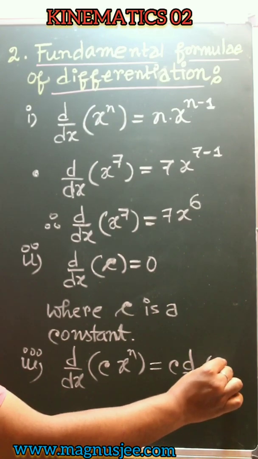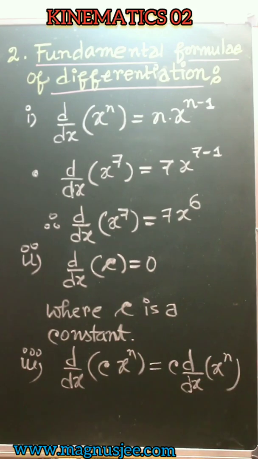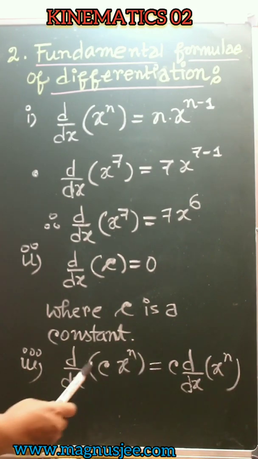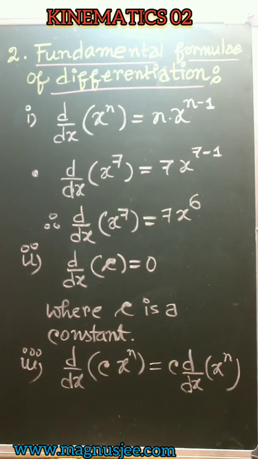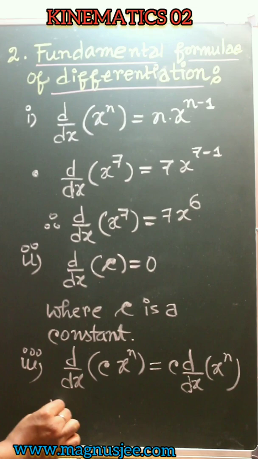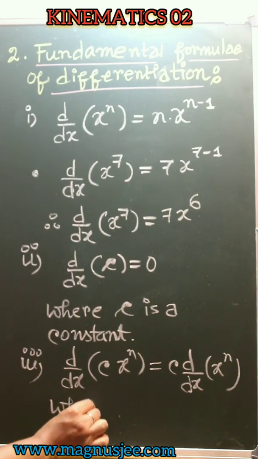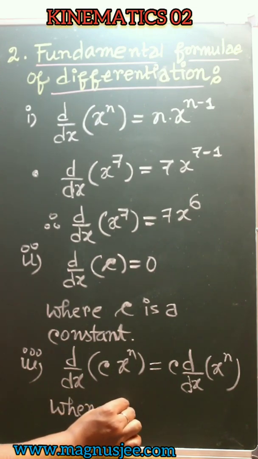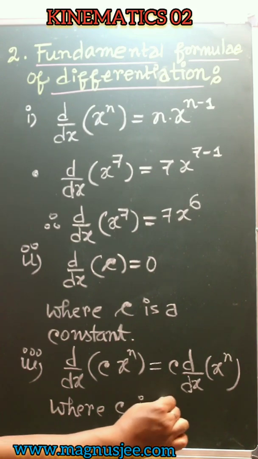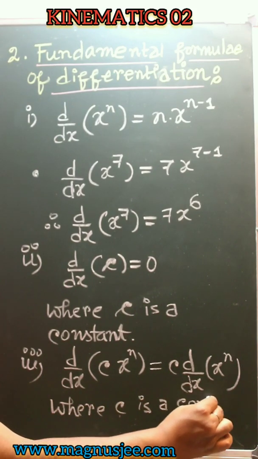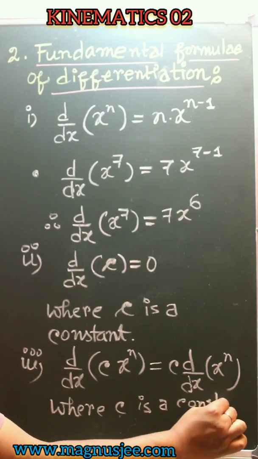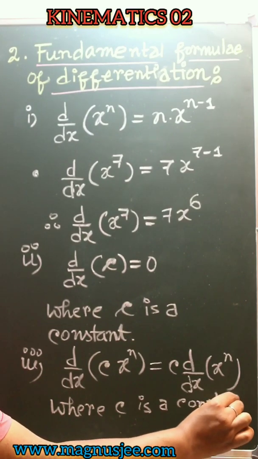So ddx of c x to the power n is equal to c ddx of x to the power n, where c is a constant.